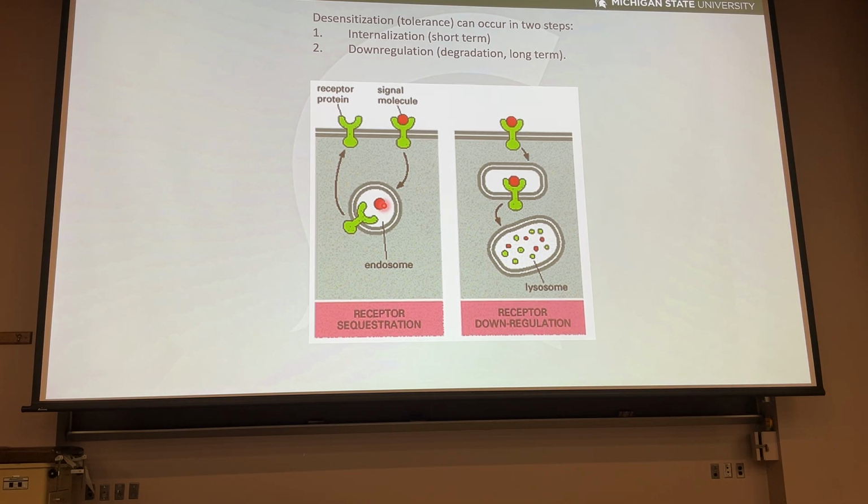But what's really important here is that you see the receptor then can cycle back up to the membrane and be embedded back in the membrane, okay? So that's internalization. Receptor bound by the drug, it's brought into the cell, there's a dissociation between these two components, and the receptor goes back out to the membrane.